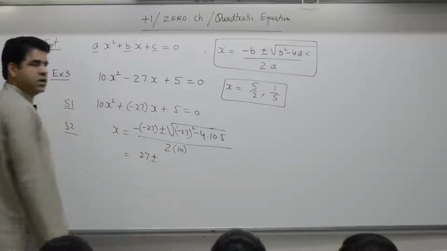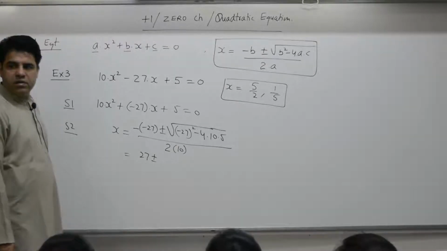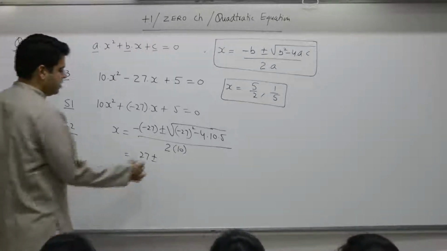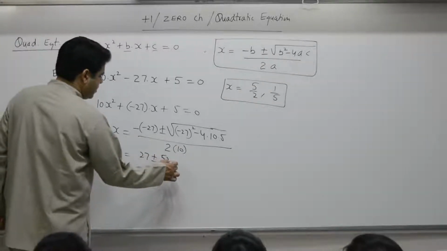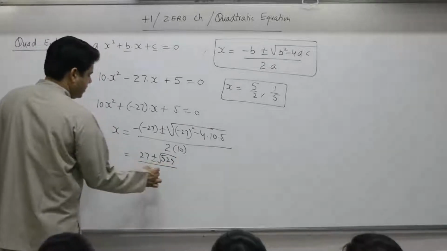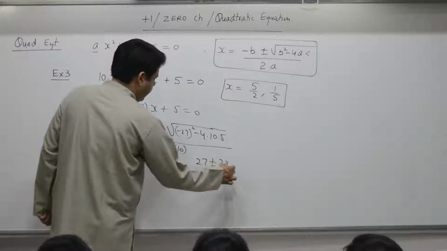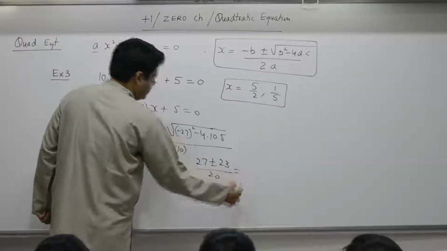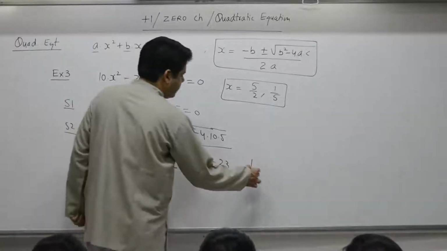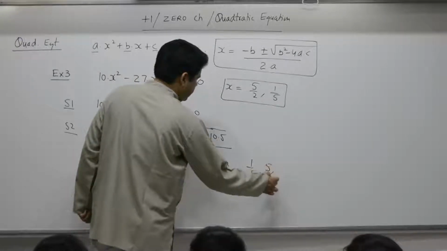This comes out to what? 5? 29. Under root of 529 is what? 23. Comes out to what? 1 by 5 and 5 by 2.